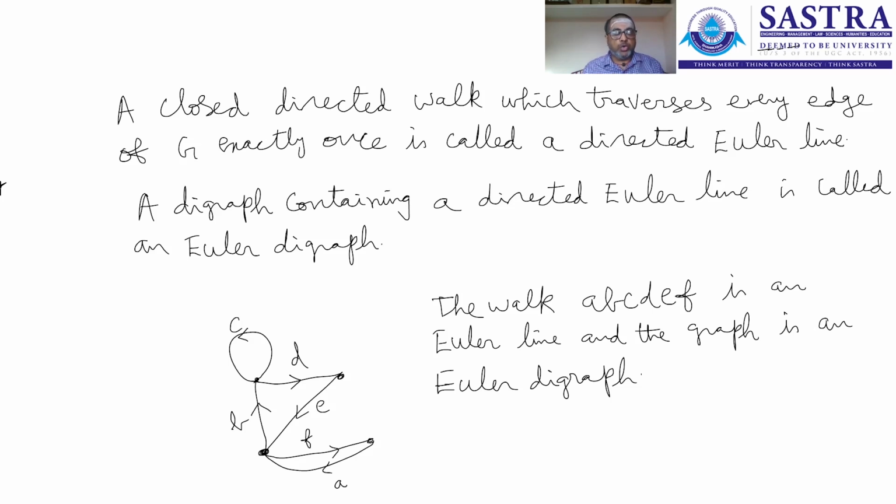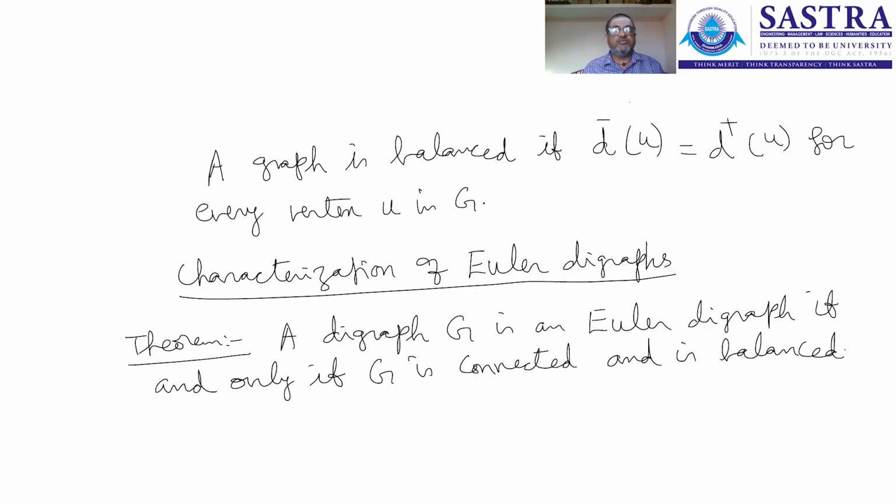So, when I take any vertex, and the in degree and the out degree are the same for every vertex, then such a graph is said to be an Eulerian digraph. You would have seen what is meant by a balanced vertex or balanced graph.